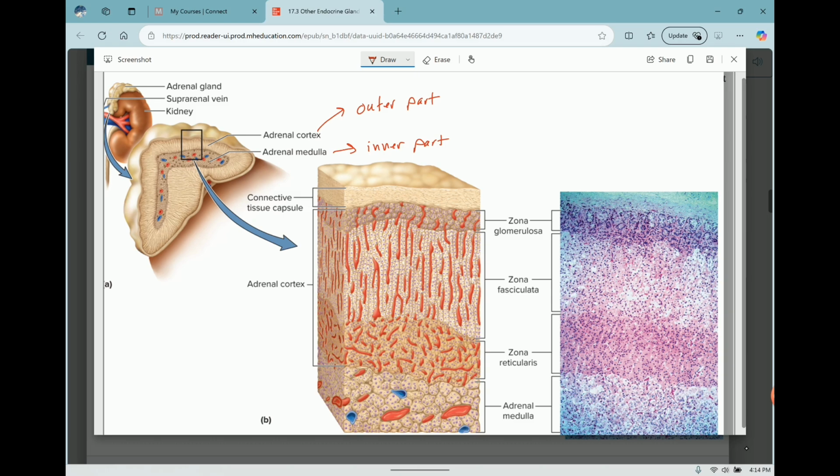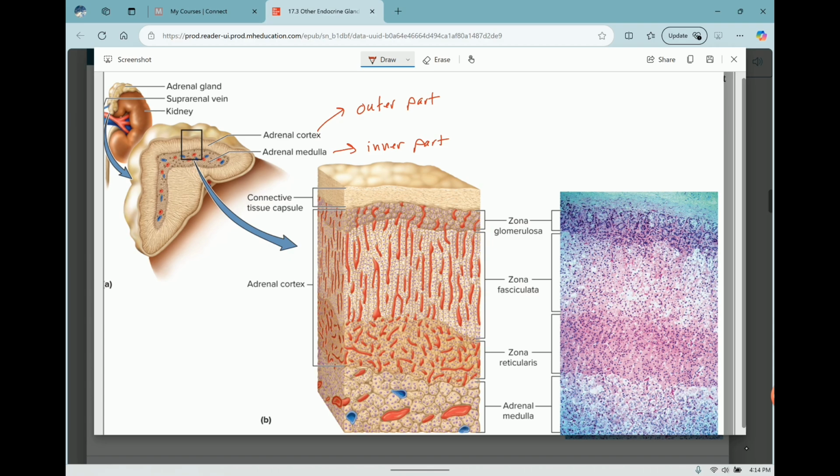Okay, for example, you have the cerebral cortex. The cerebral cortex of the brain is the outside part of the brain. The medulla is the inside part of the brain. Bone has an outer cortical margin, or the cortex of bone, the outer part of bone. The inside hollow part of bone is the medulla, the medullary cavity.